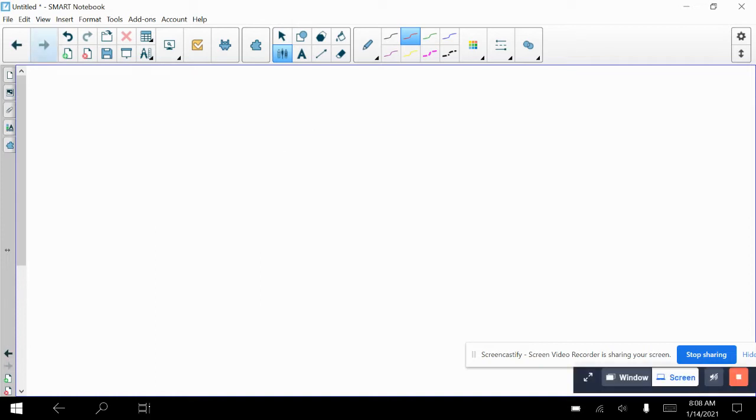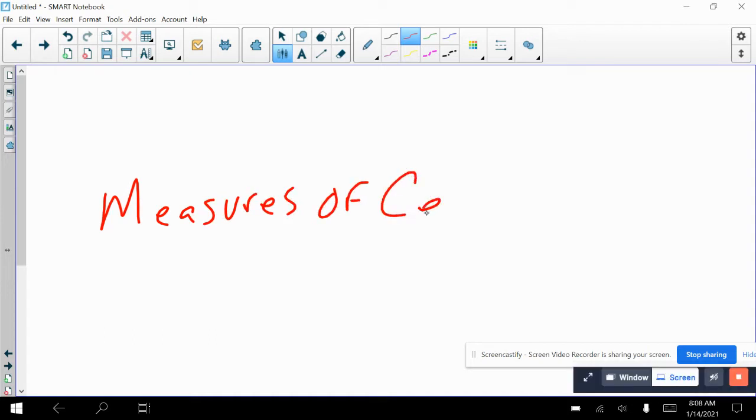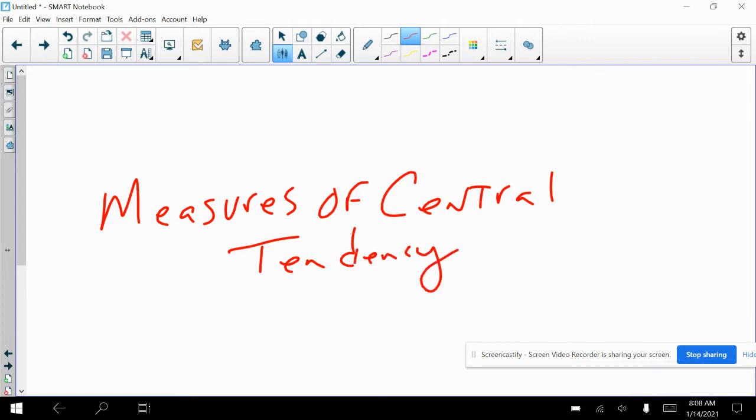Okay, so here's how this works. First thing, let me start with this. The measures of central tendency. I'm sure that you've probably never heard that before, which is fine.